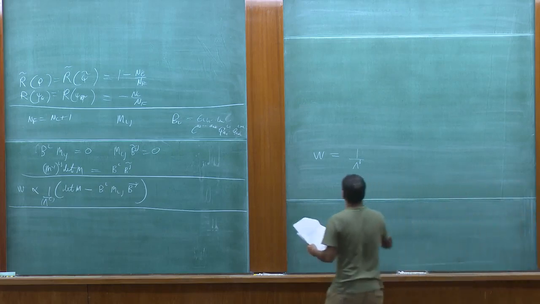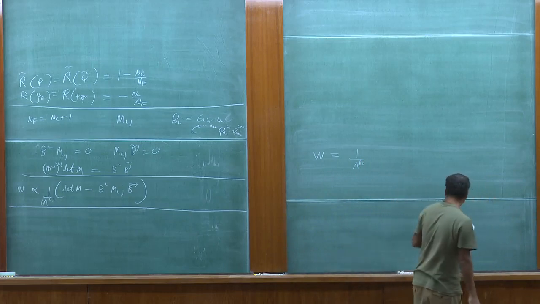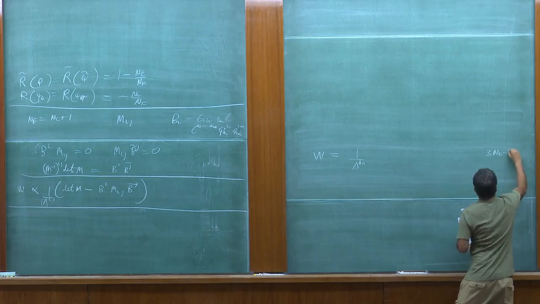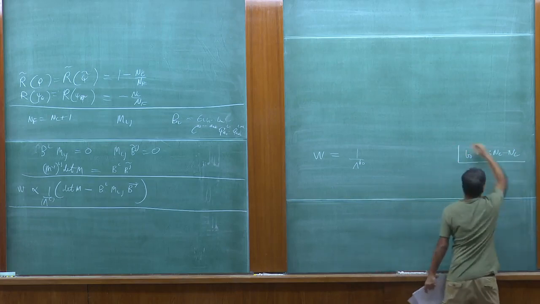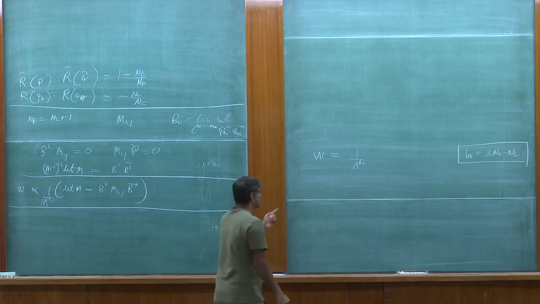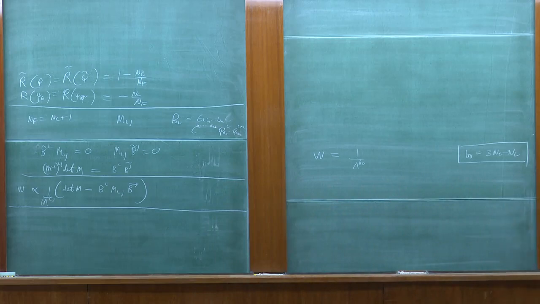This power that appears here is B0, which is the same as the coefficient that appears in the beta function, 3NC minus NF. B0 equals 3NC minus NF. This is notation. In this particular case we could simplify it, because NF equals NC plus 1, so we would get 2NC minus 1. That's the power that appears there.